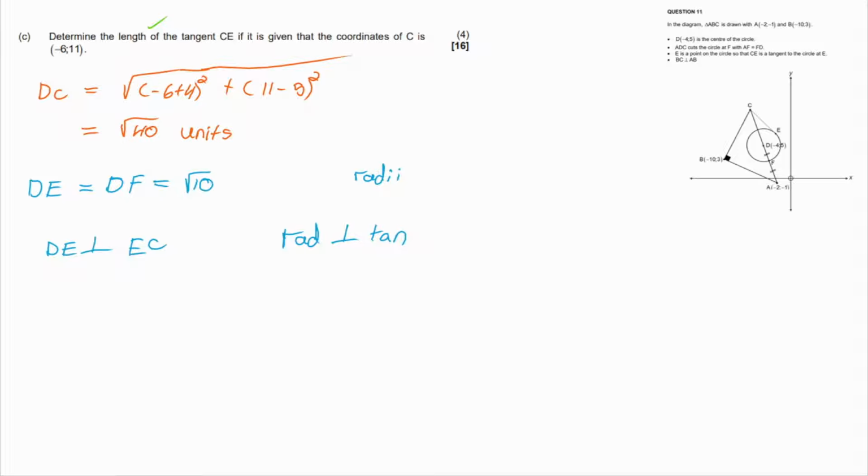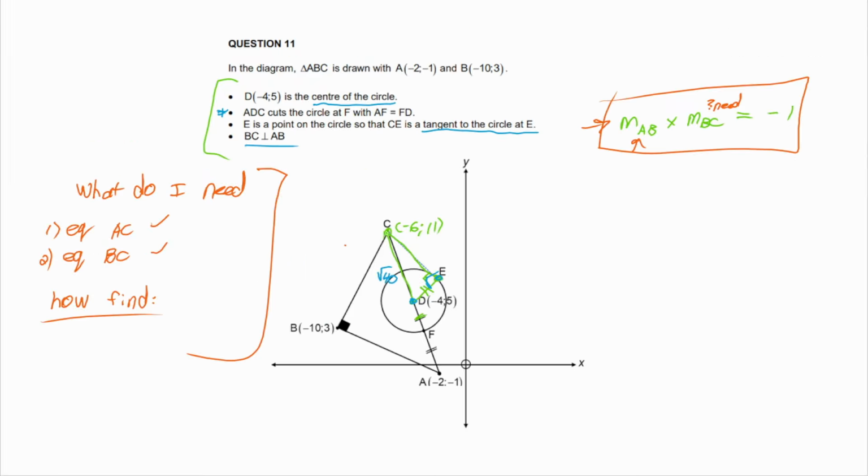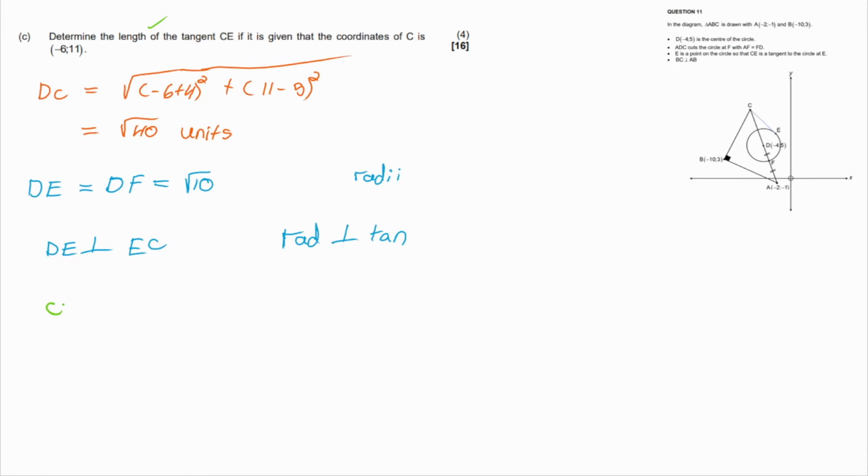So I can apply Pythag now. If we look at the big one, CE squared is equal to root 40 squared, which is just 40, minus root 10 squared, which is just 10.